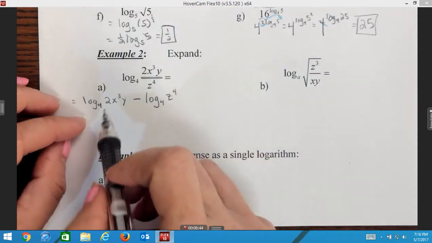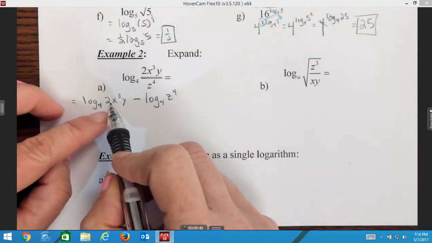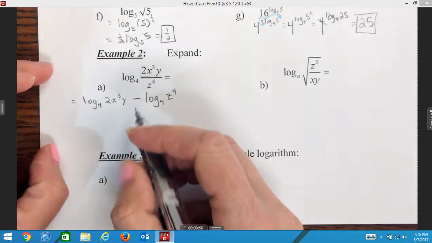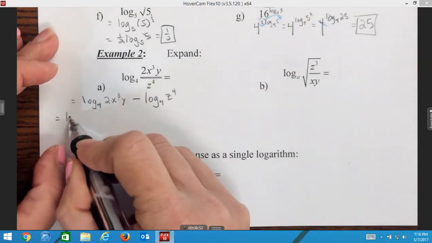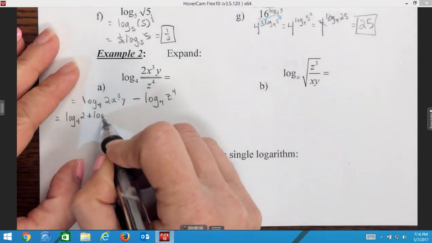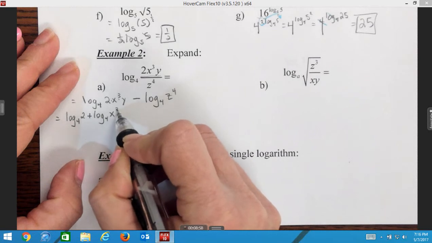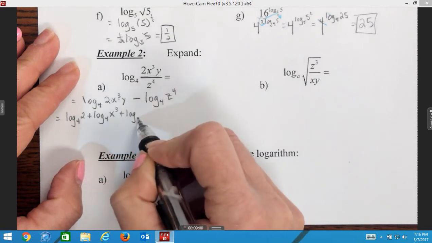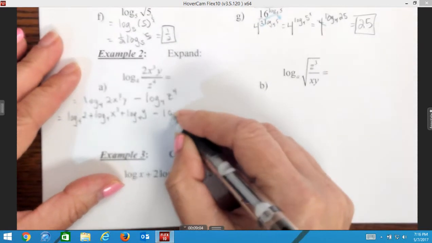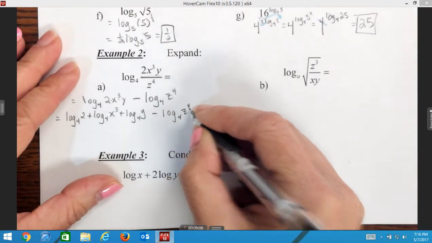Then I'm going to keep expanding. All of this between the 2 and the x cubed and the y is multiplication, so I'm going to separate that out and make it addition. I have log base 4 of 2 plus log base 4 of x cubed plus log base 4 of y minus log base 4 of z to the 4th.